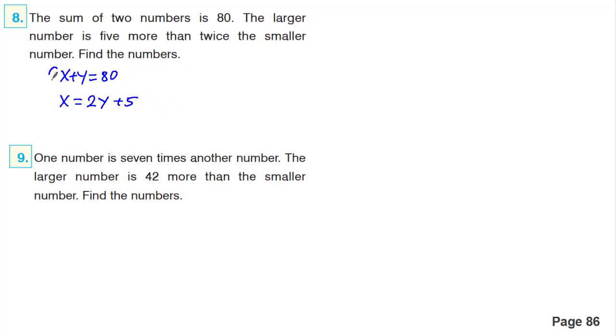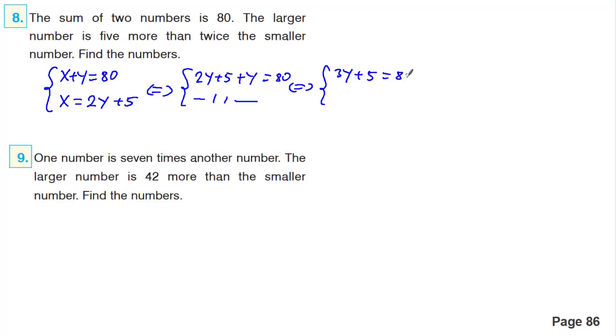Find the numbers. Well, again, this is a system. In this case, we can clearly use the substitution method because we have x expressed in terms of y. So in terms of y, what do you get? The second equation will remain as it is. So the first one, we will have 2y plus 5 plus y is 80. And that gives us 3y plus 5 is 80.